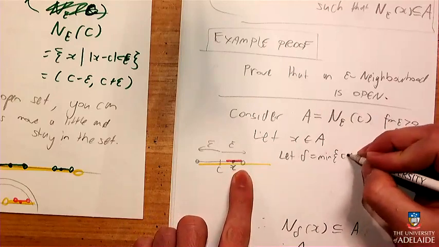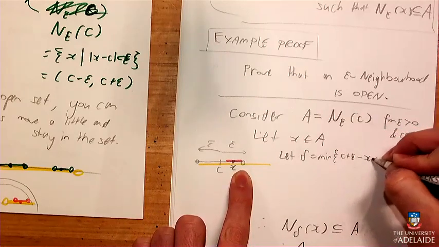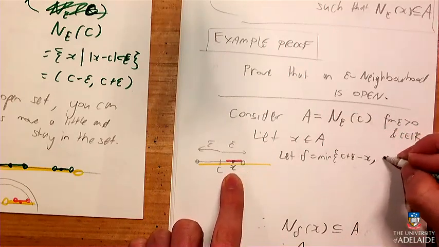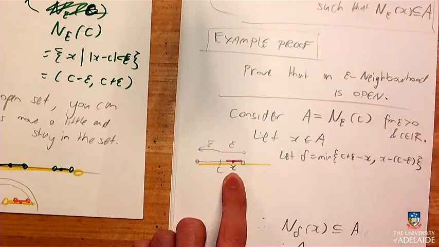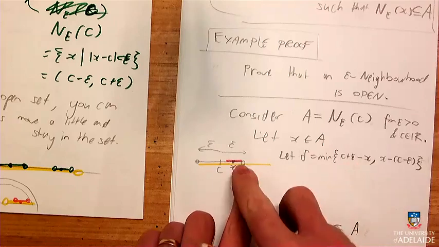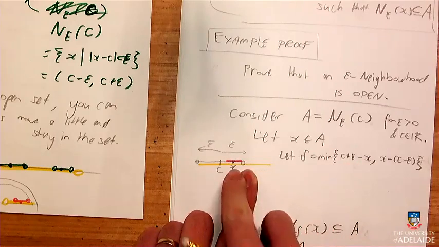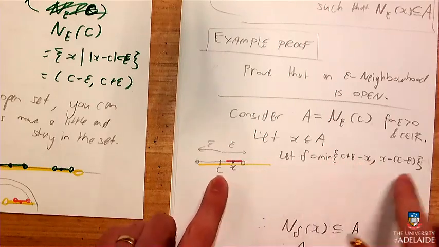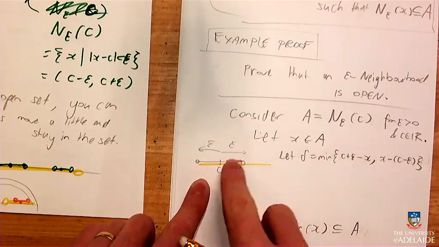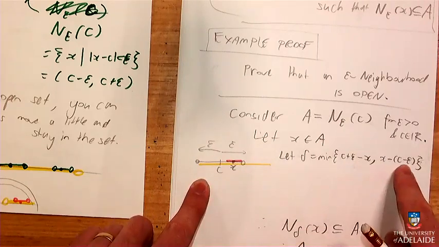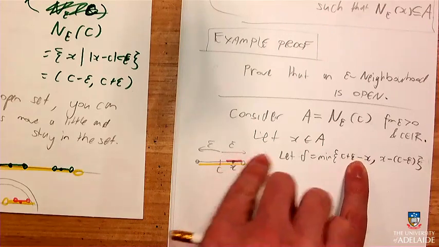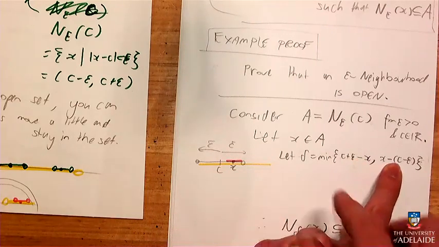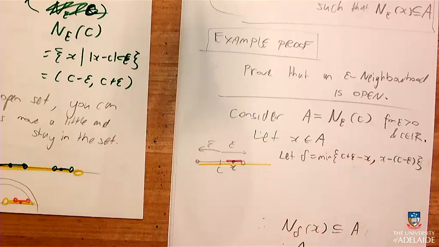So c plus epsilon minus x and x minus c minus epsilon. So c plus epsilon is more than x, so if we go bigger number minus smaller number, that gives me the distance. And c minus epsilon is less than x, so if we go bigger number minus smaller number, that's the distance. So this is the distance to the top edge, to the right-hand edge, and this is the distance to the left-hand edge. Okay, cool.